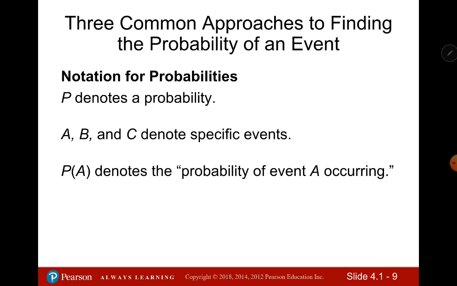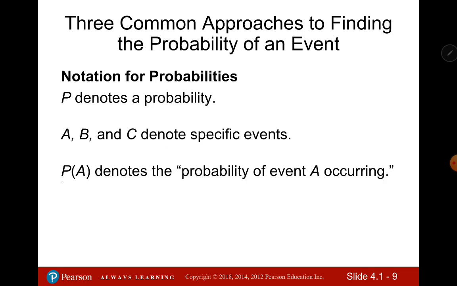Let's check the notations for probabilities. We use capital letter P to denote a probability. We always use capital letter P to denote the probability. Then we use capital letters A, B, or C to denote specific events.